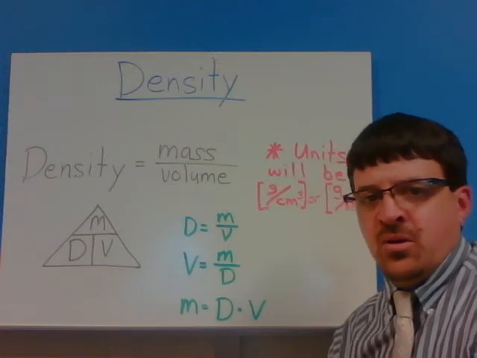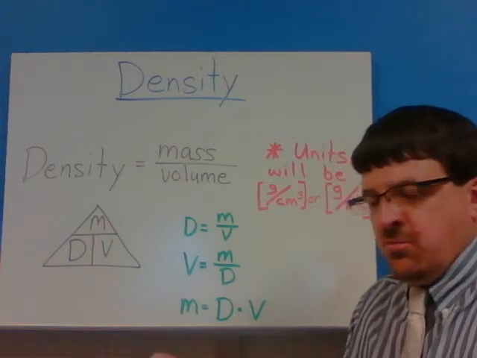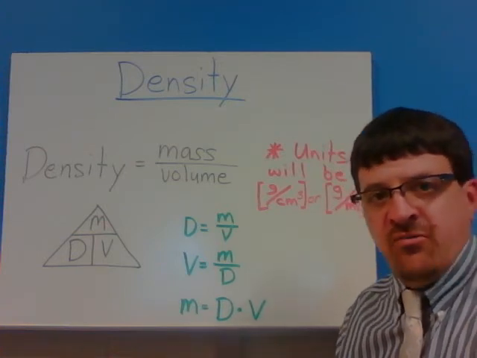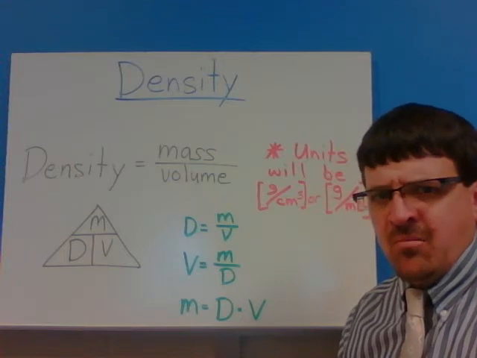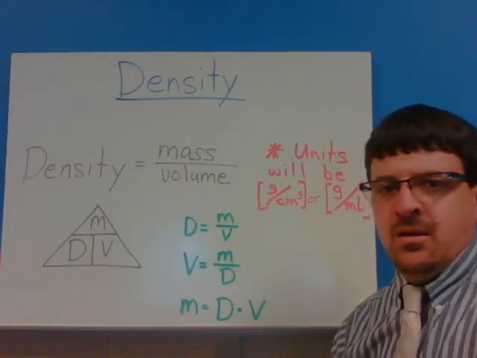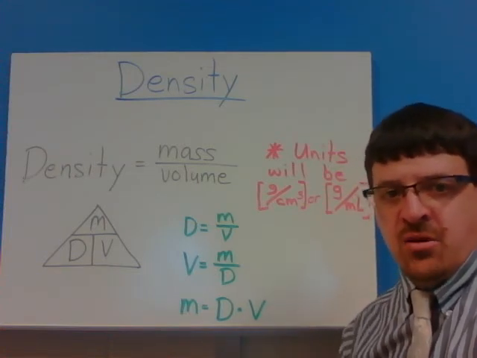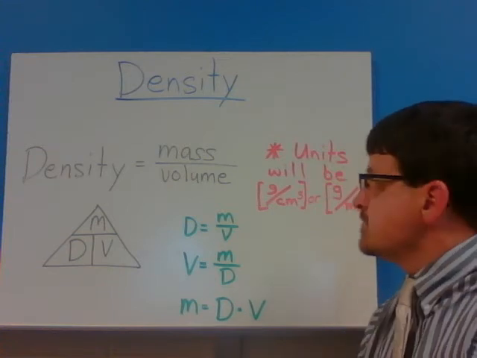So that's not really comparing the density. You guys know that lead is very heavy for the size of it. A ping pong ball is not very heavy for the size of it. The ping pong ball would be a low density, and the piece of lead, like a sinker, would be a higher density.